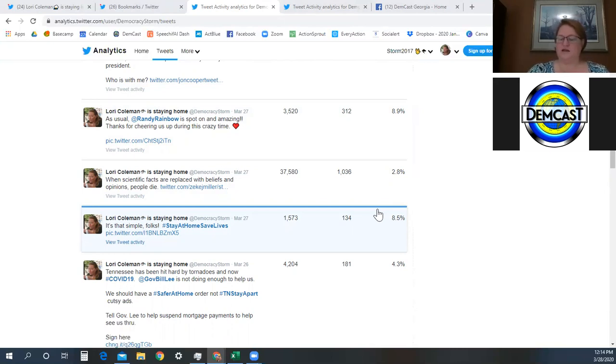Something that is very helpful to think about to increase engagement is the content that you're putting out. There's really no way to make a tweet go viral, let's say. It just is a confluence of multiple factors.